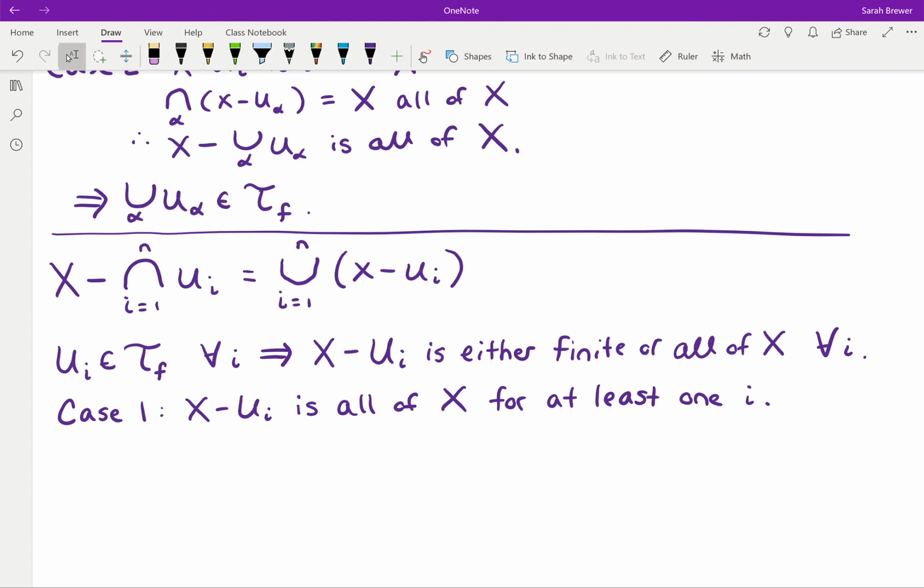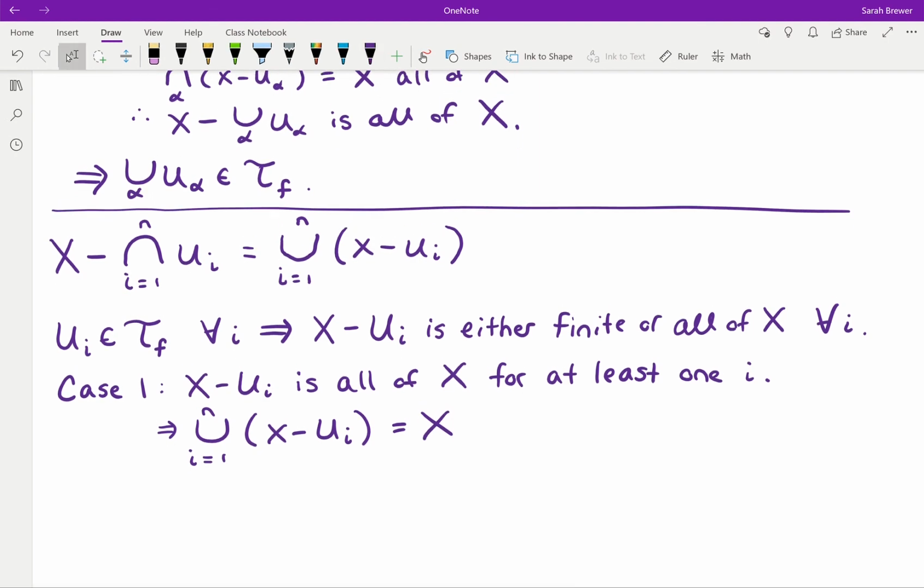Well, if that's the case, then the union of these is going to be equal to all of X. And so therefore X minus the intersection of these is going to be equal to all of X.